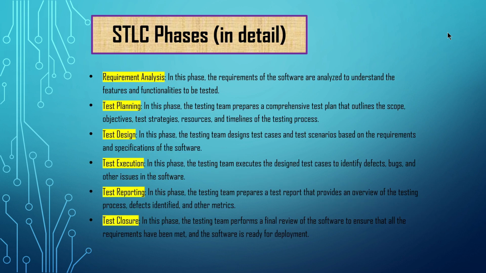So the requirement analysis, in this phase the requirements of the software are analyzed to understand the features and functionality to be tested. The requirement phase is a process in which a tester is studying the requirements from a testing point of view, not a development point of view, to identify the testable requirements.